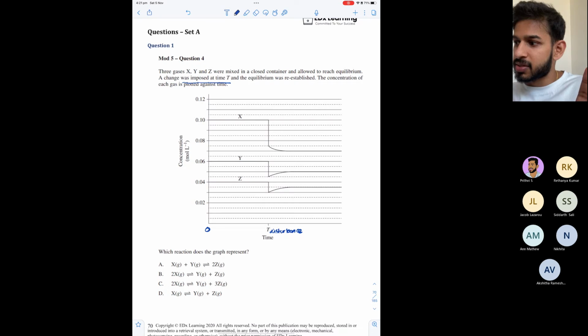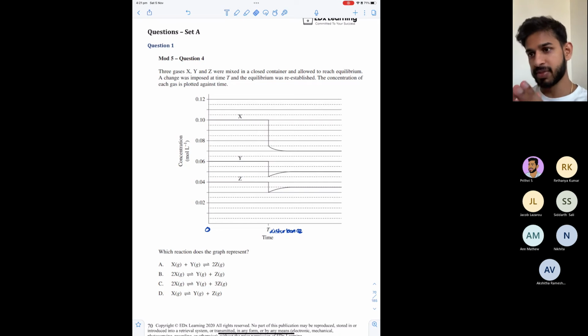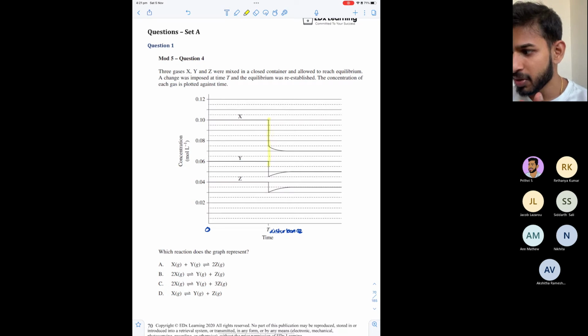Change was imposed at time equals t, equilibrium was reestablished. Okay, so we don't know the change, but I'll help you all out with that. Again, there was a disturbance at time equals t. And then you can see the gases suddenly change at this point in time. I'm going to highlight it. At this point in time, all the gases suddenly change.